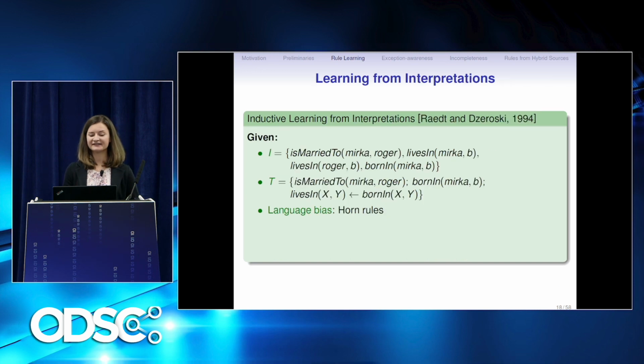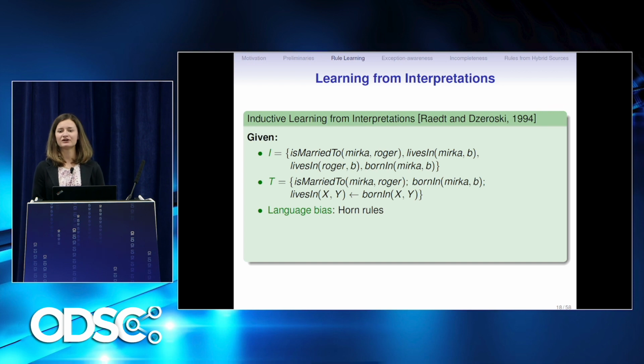So another concept is learning from interpretations. In this case, we have, as an interpretation, basically our knowledge graph. And what we also have, additionally, is a set of other facts and possibly rules that do hold in the world.